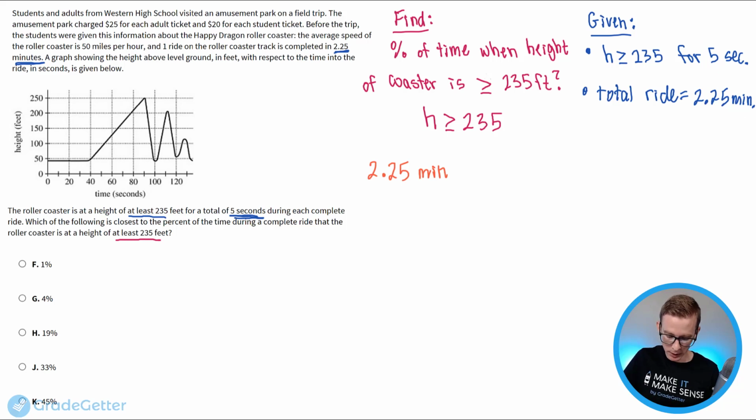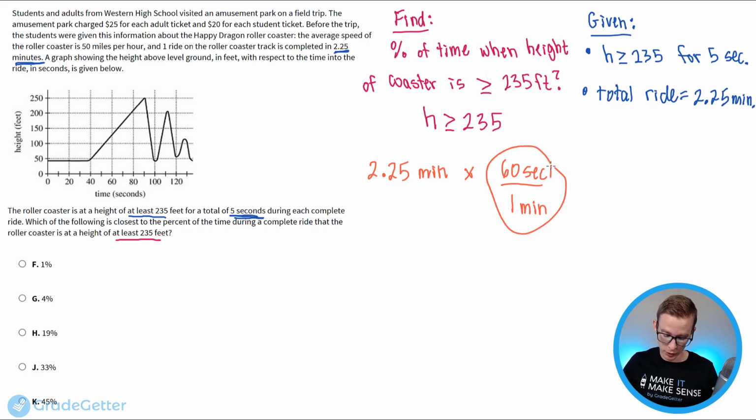To convert minutes to seconds, we'll again use a conversion ratio, which says there are 60 seconds in 1 minute. And I know my minutes goes in the denominator for this conversion ratio because I'm trying to cancel out the minutes here in the numerator, which will just leave me with seconds in the numerator. So my minutes will cancel out, and I can multiply 2.25 over 1 times 60 over 1.